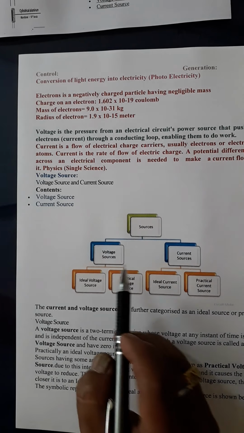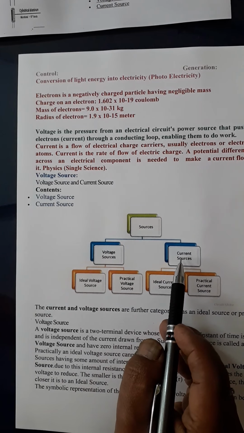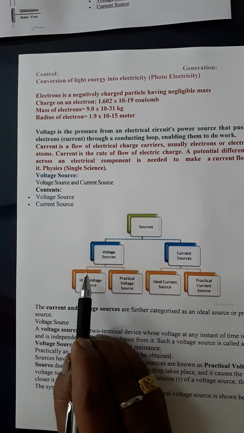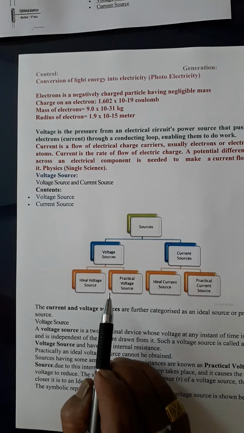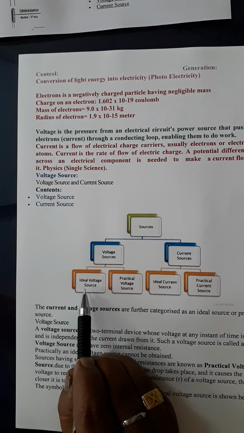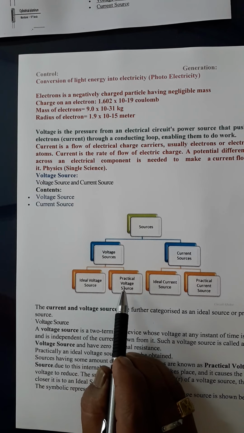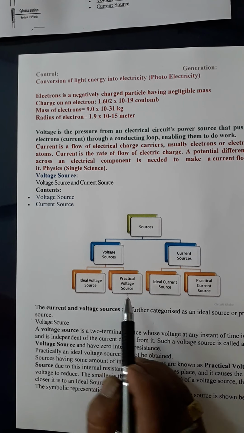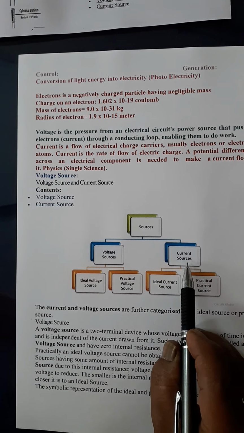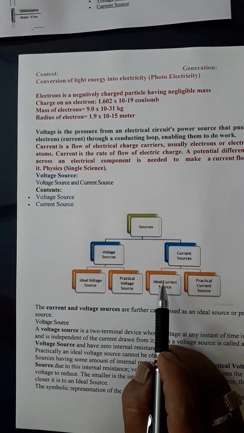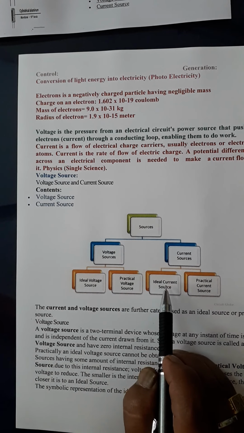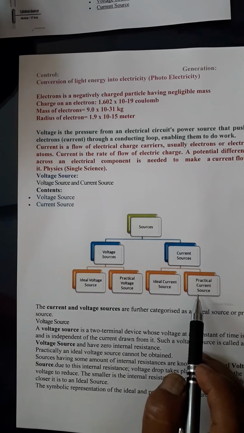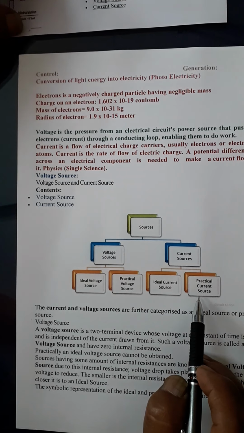Voltage sources are further divided into two categories: one is called an ideal voltage source and the other a practical voltage source. The current sources are also divided into two categories: an ideal current source and a practical current source.